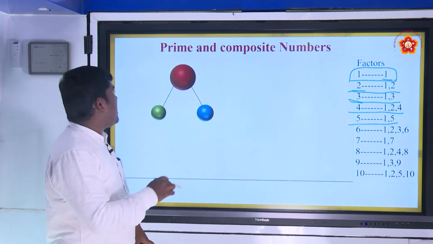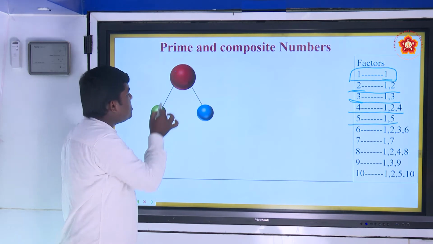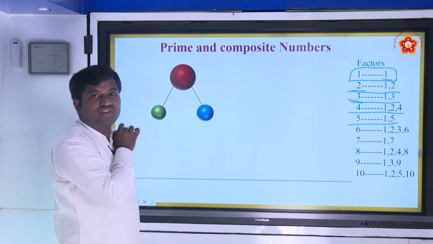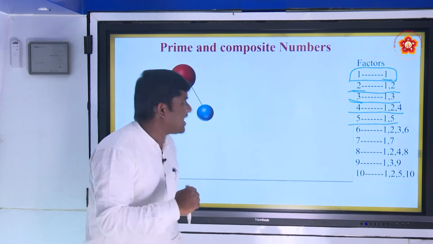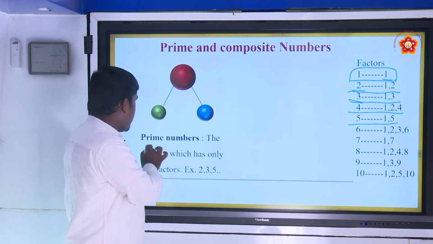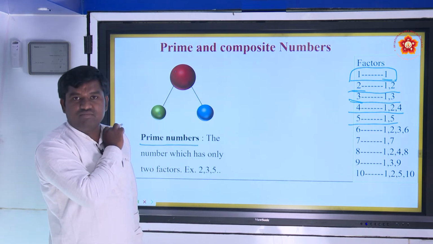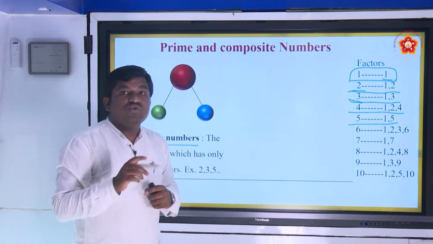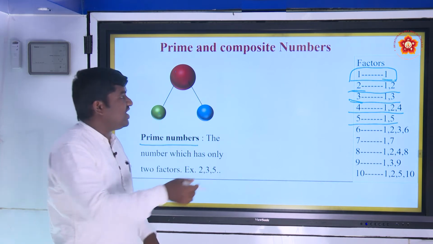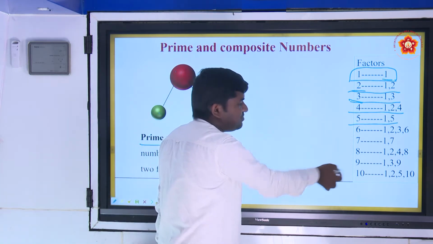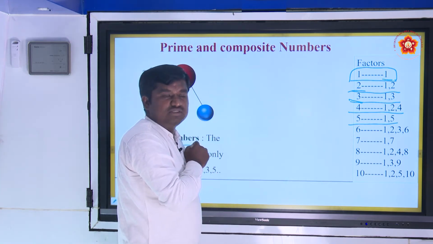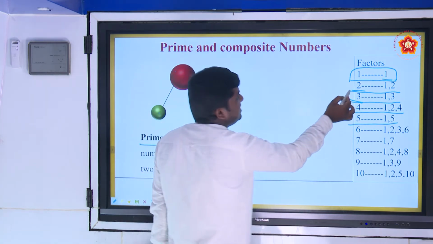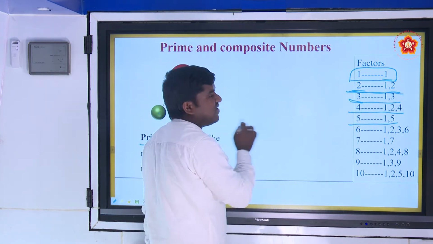Because if the number has only 2 factors, that number is called a prime number. Okay, prime numbers means the number which has only 2 factors. Can you identify how many numbers have only 2 factors in this? See, the number 2 has only 2 factors.